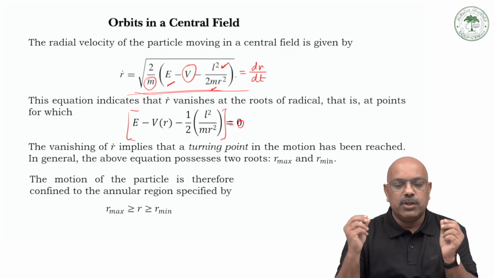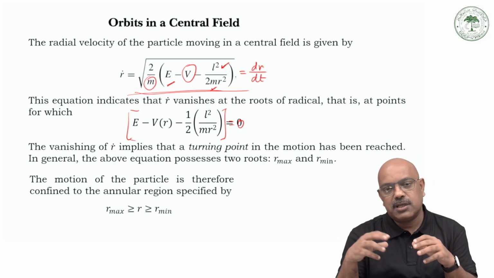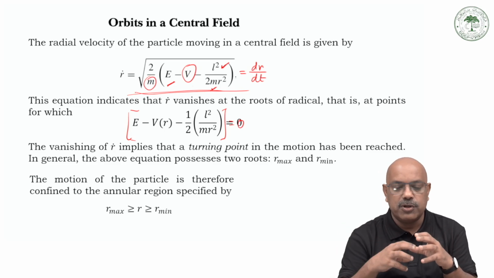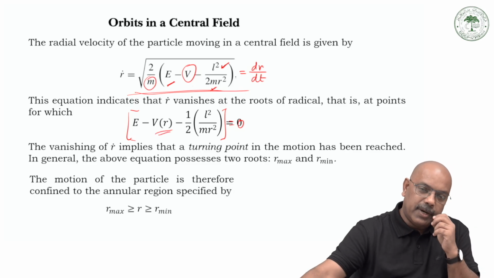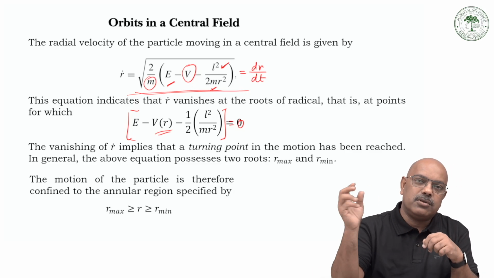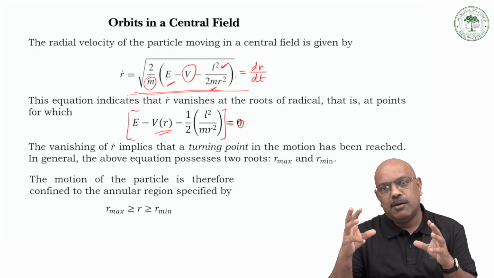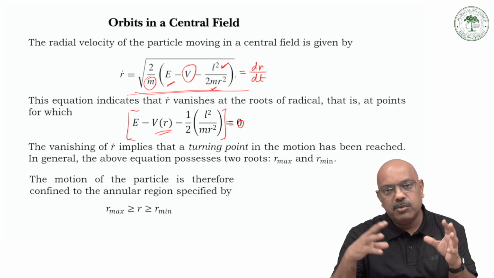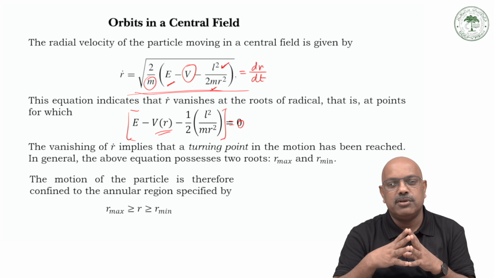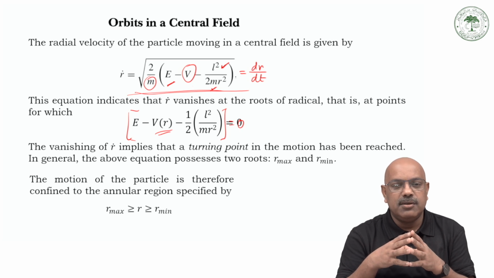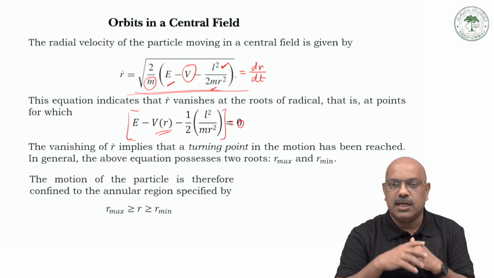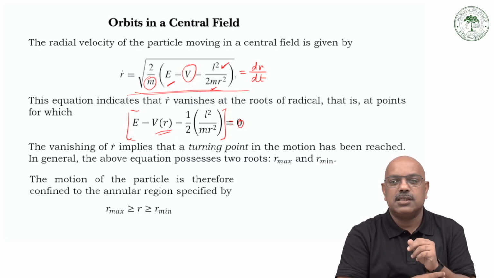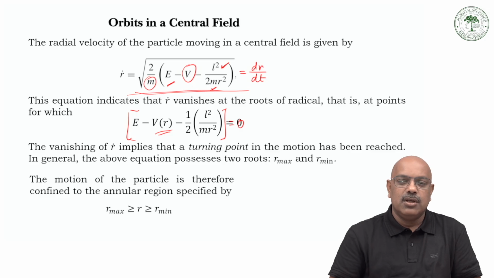That means when the particle is in the central field, coming under the influence of the force derivable from this potential, the particle is naturally going to turn away, either because of repulsion or because of attraction. It is going to turn at a certain position, and that turning point gives me the root of this radical, where r dot, the velocity of the particle, is 0.